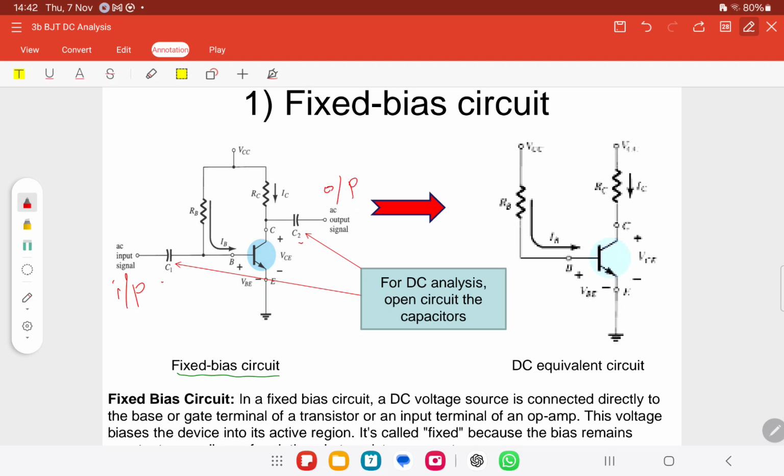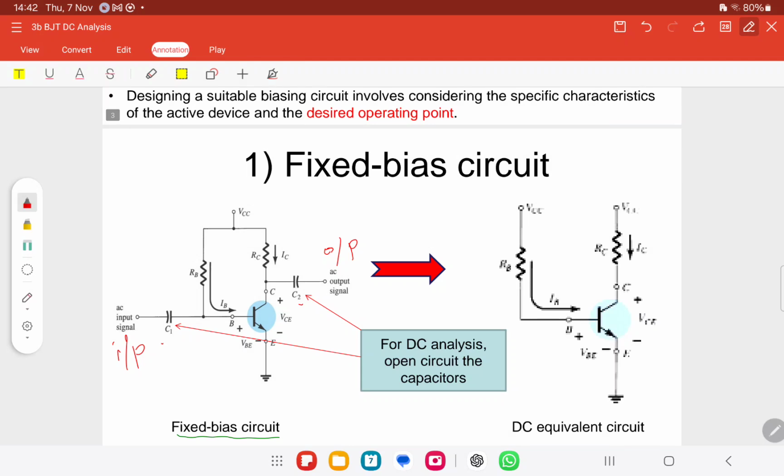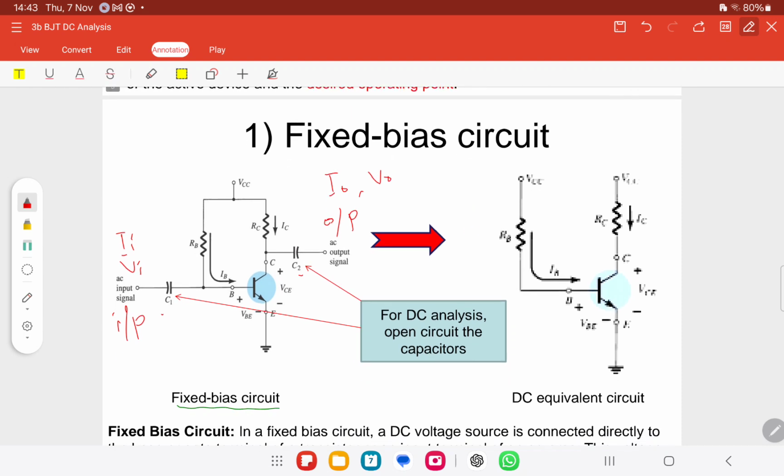It has I in here, V in here, I out, V out. And then the VCC is the supply. It is common for both, meaning the same value. It enters from this side, and from this side.